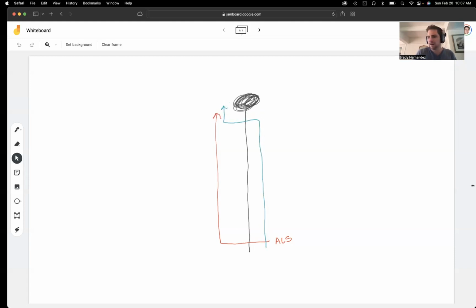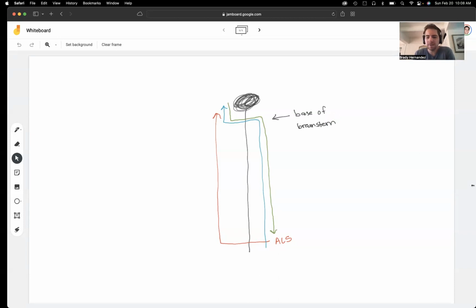And then conveniently, the corticospinal tract, which is descending, will also cross at the base of the brainstem, right around where the ALS is, okay? So we'll call this area the base. Okay, so the caudal medulla is where they cross.